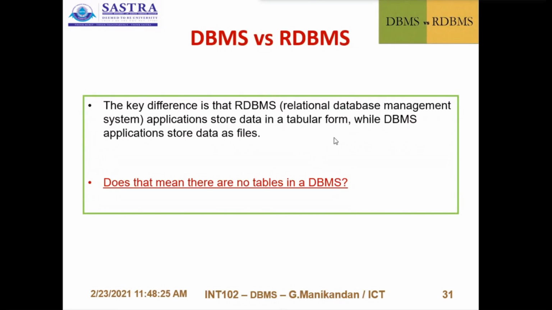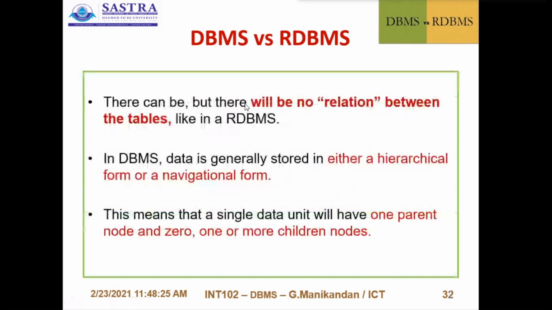In a normal database also you store data in the form of a table, but in a relational database management system you will have a relation. In a database management system you can have multiple tables, but you won't have any relationship between these tables.